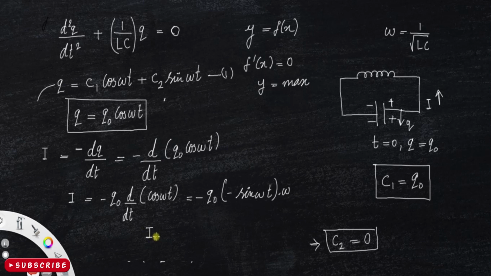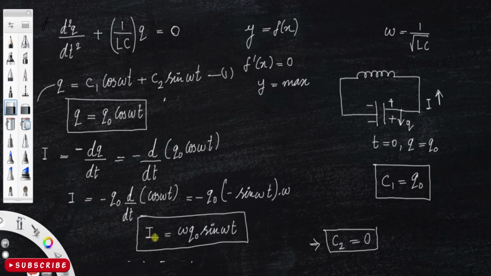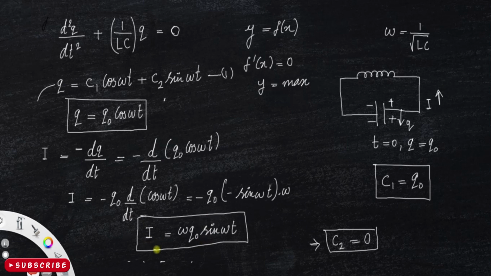So the current at any instant is, minus and minus become plus, omega q0 sin omega t. So this is the value of the current at any instant. Current at any instant equals omega q0 sin omega t.